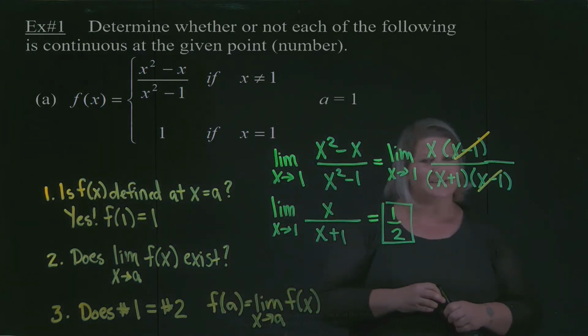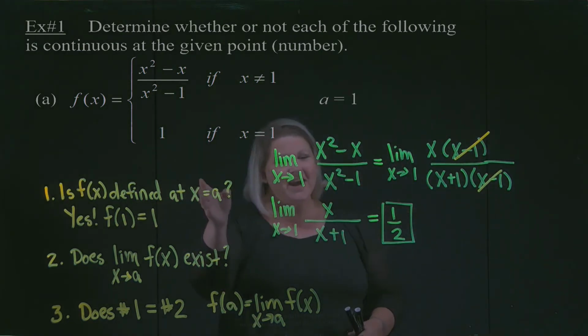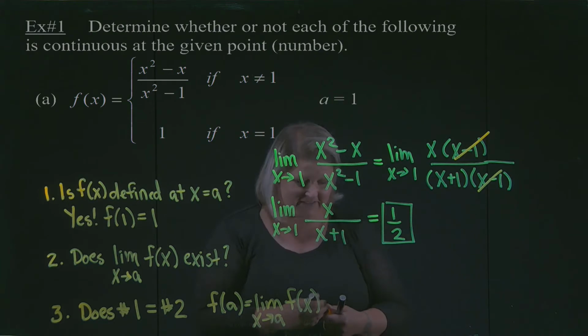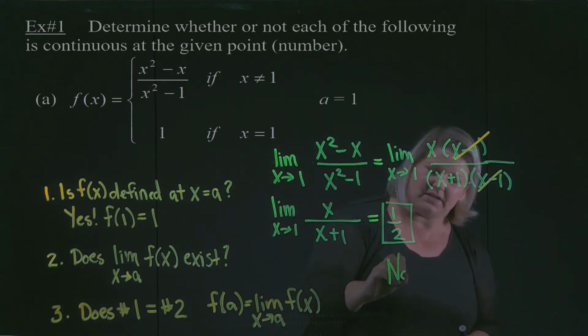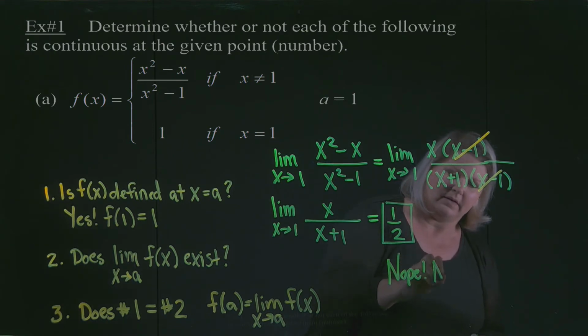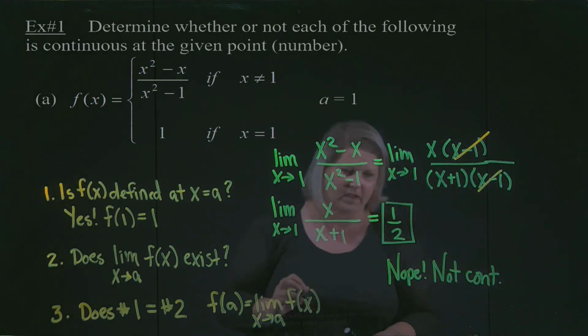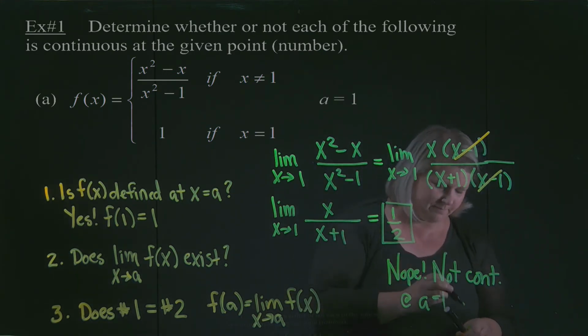And in this case, nah. 1 is not the same as 1/2. So this is not continuous. Write my answer here. So this is a nope. This is not continuous, okay? Specifically at a equals 1.